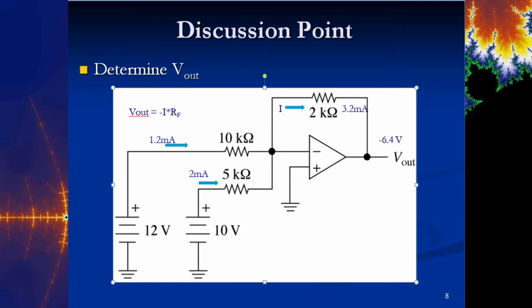So it's negative I, where I is this current going this way, times the feedback resistor value. So this is 3.2 milliamps times 2 kilo ohms. And again, there's a negative sign out front that gives you negative 6.4 volts.